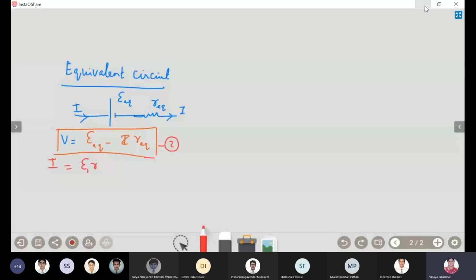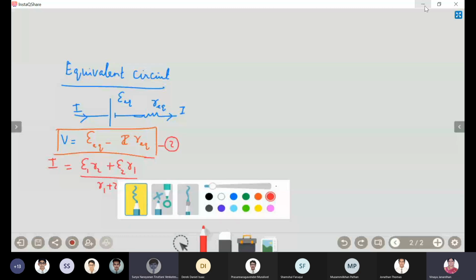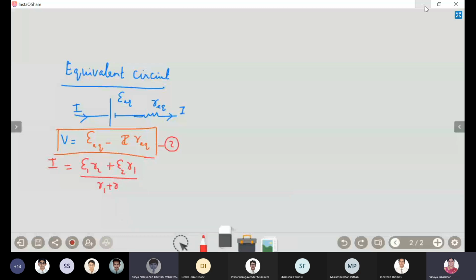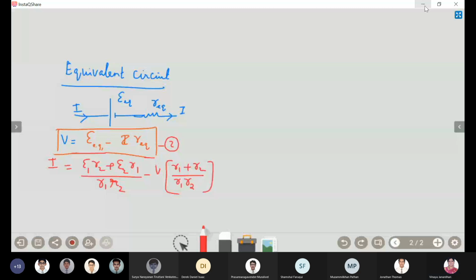E1 R2 plus E2 R1 divided by R1 R2, minus V into R1 plus R2 divided by R1 R2. This is what we had. Is that correct, boys?